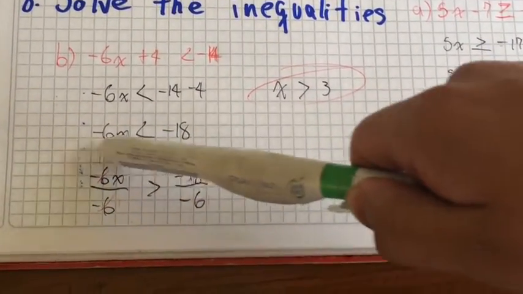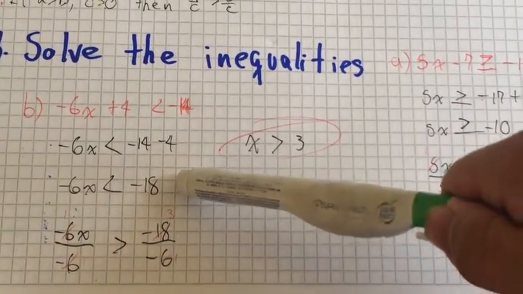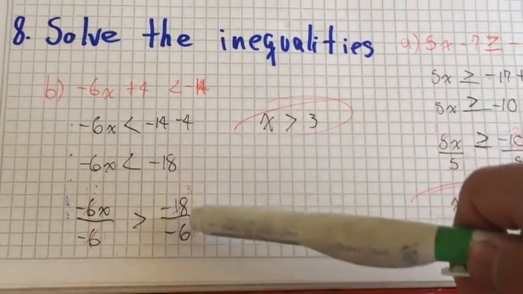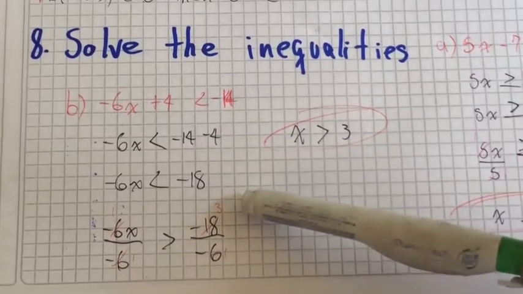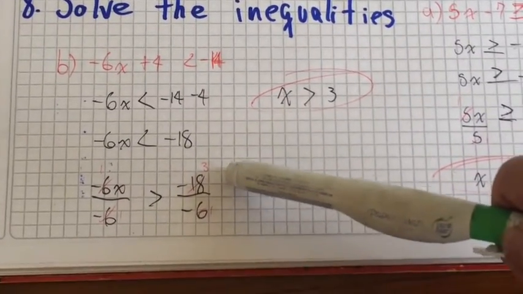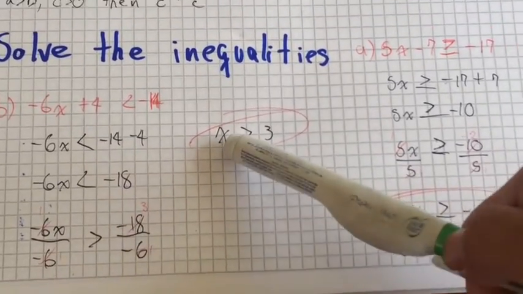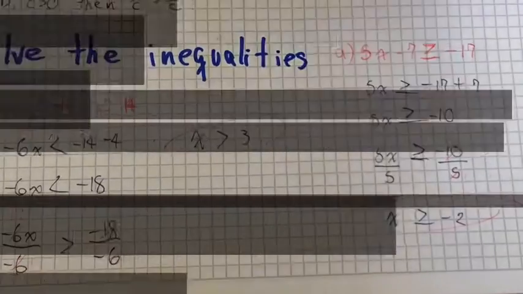We get minus 6x less than minus 18. Then we divide both sides and we get x greater than 18 divided by minus 6, so the result is x greater than 3.